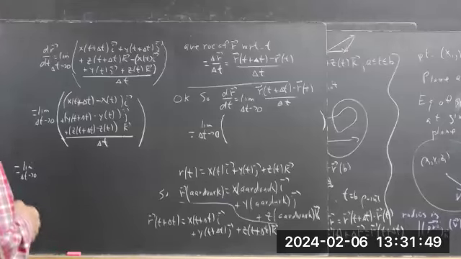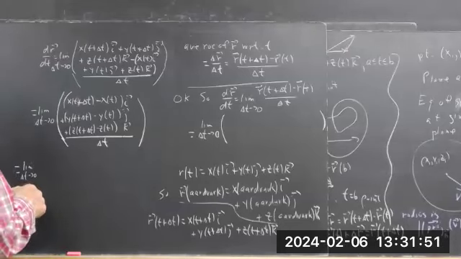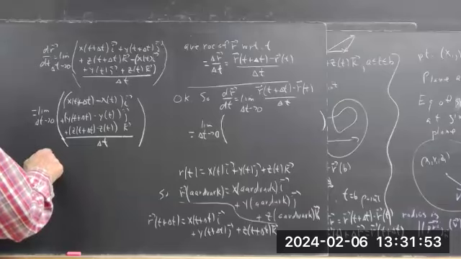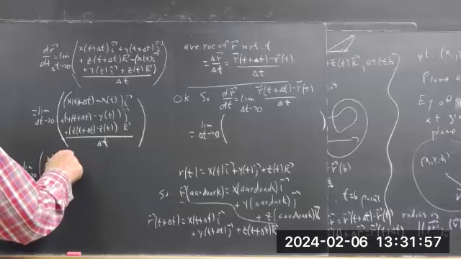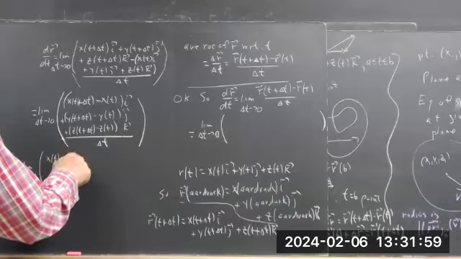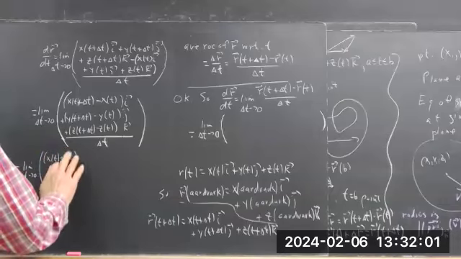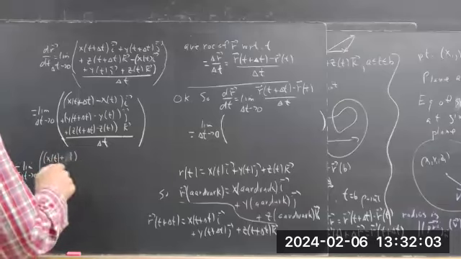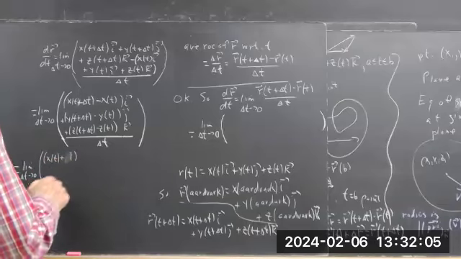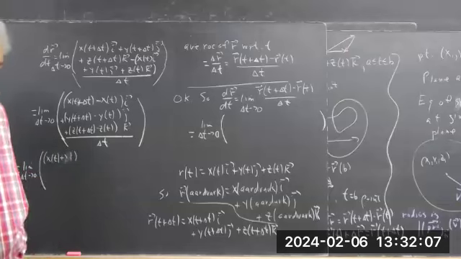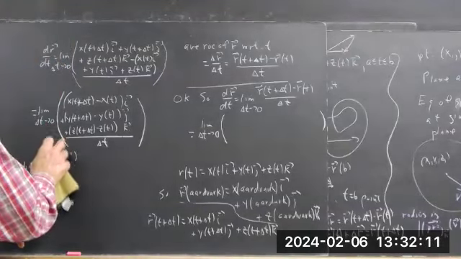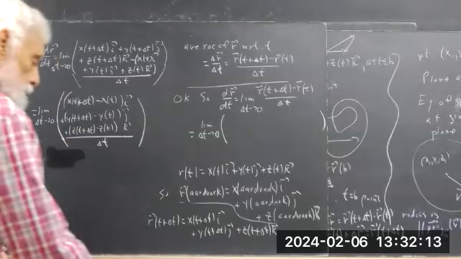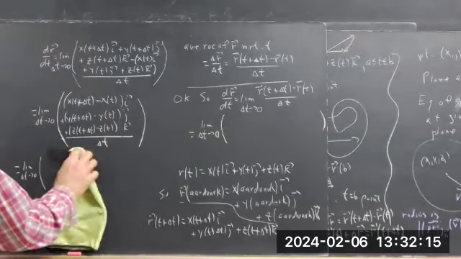The limit as delta t goes to zero of the quantity.